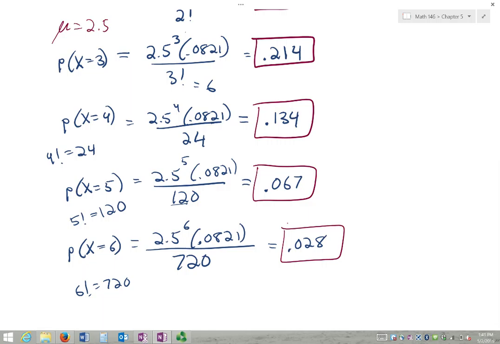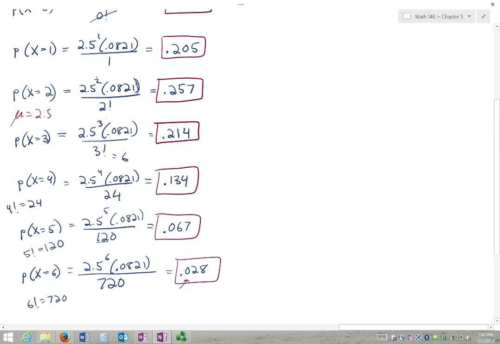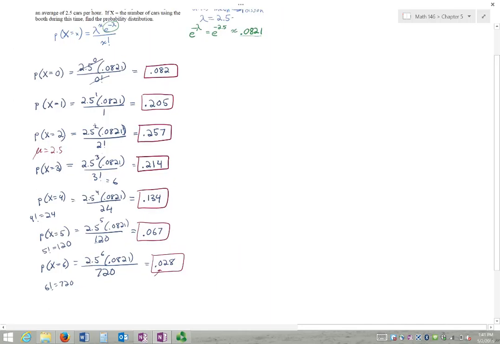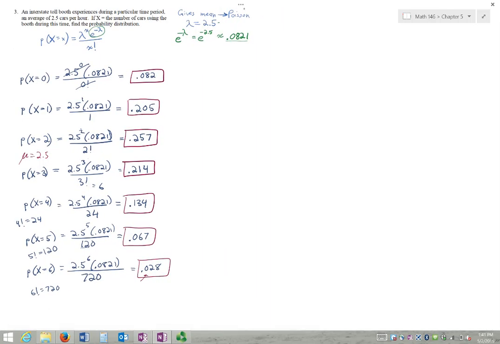So as we go forward with 7, 8, 9, 10, these numbers are going to become very tiny after a while. We can draw out the distribution here by making a table of values.